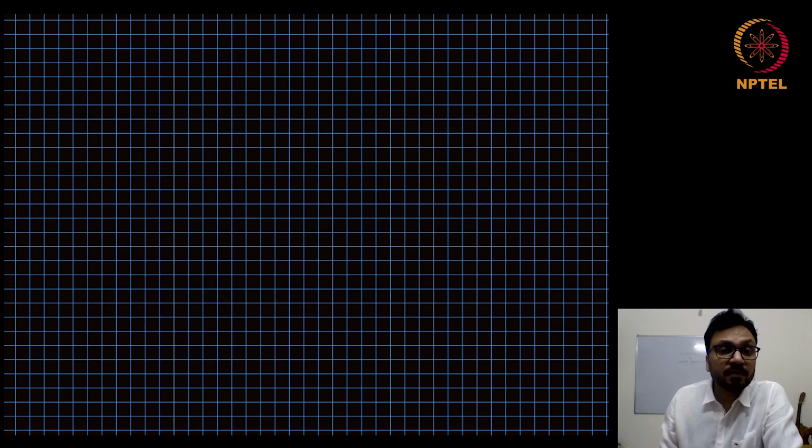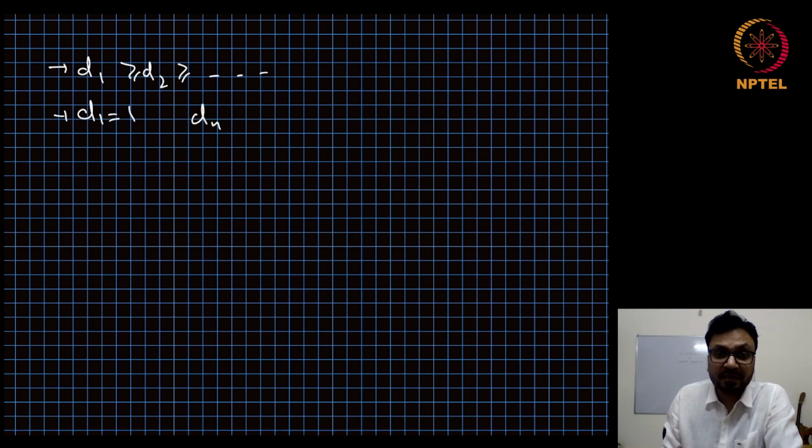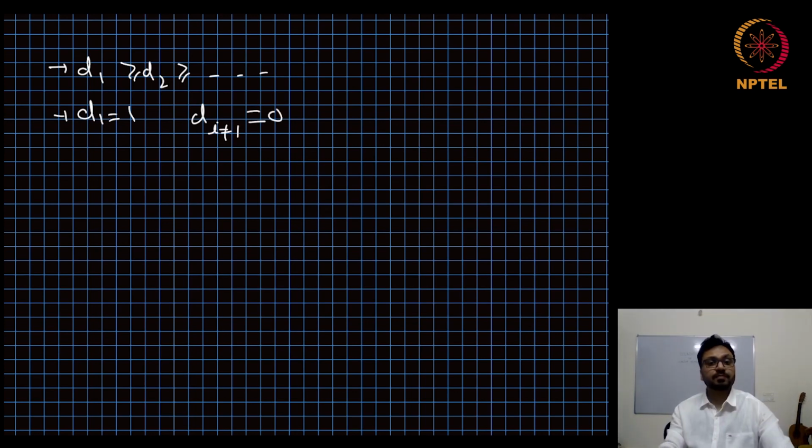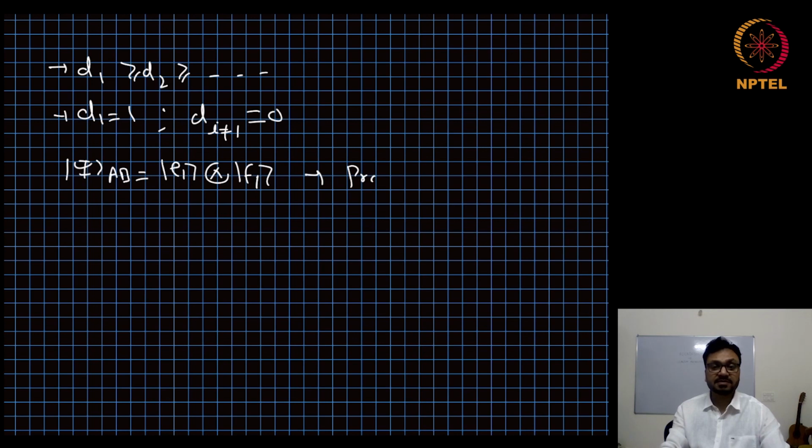From the Schmidt decomposition, we can tell whether a given state is entangled or not. If we arrange the dn's in descending order, so that d1 is greater than or equal to d2, which is greater than or equal to, and so on, then if d1 is 1 and all other di's, where i is not equal to 1, are 0, the state psi AB can be written as e1 tensor f1, and hence it is a product state or separable state.